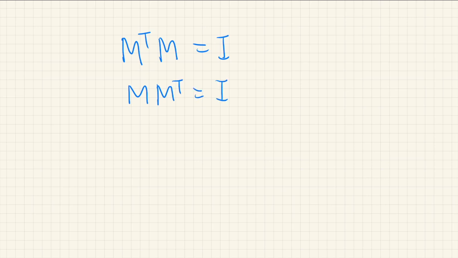equal to the identity. Now, suppose A is a real symmetric matrix, and lambda 1, lambda 2, and so on up to lambda n are its eigenvalues.